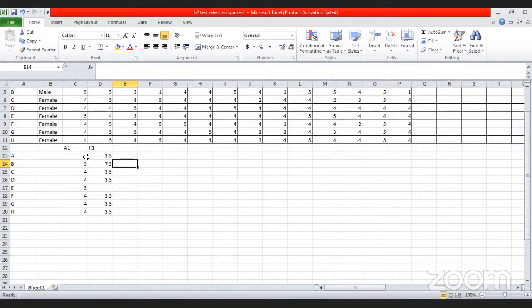Higher than that will get rank 2, like that. But whenever we have a score that is not there just once, we have to calculate just like this. We have 4 here, that is the lowest score. Isn't it? 4 is the lowest score here.